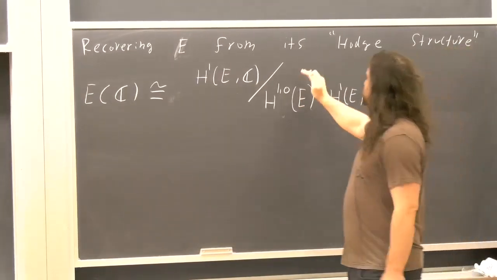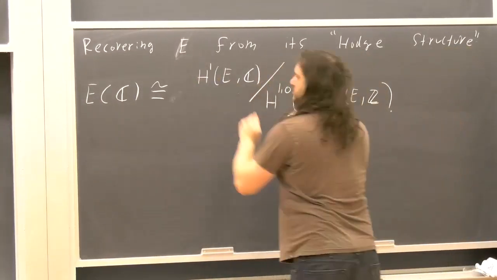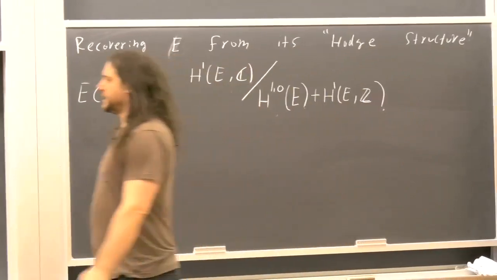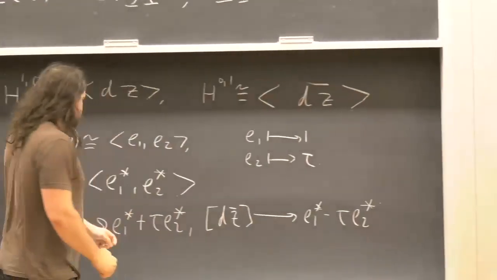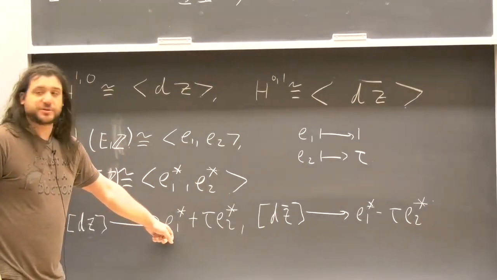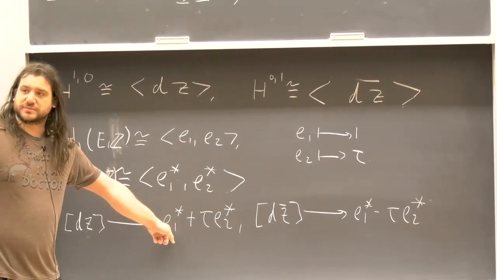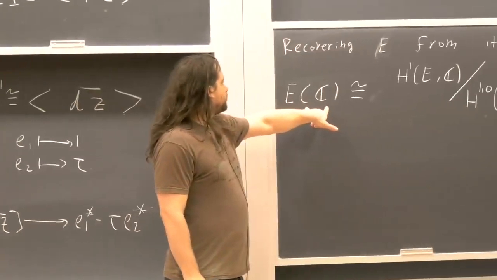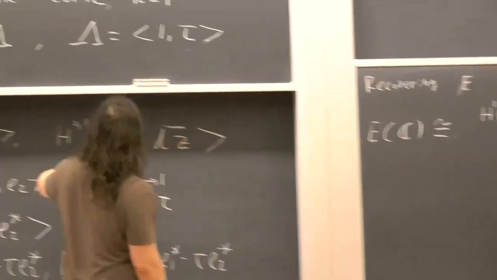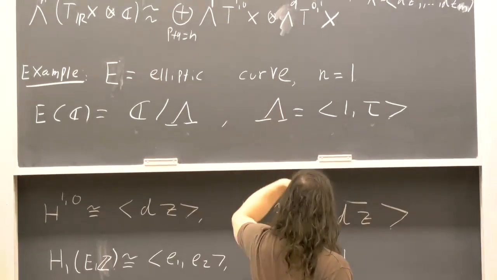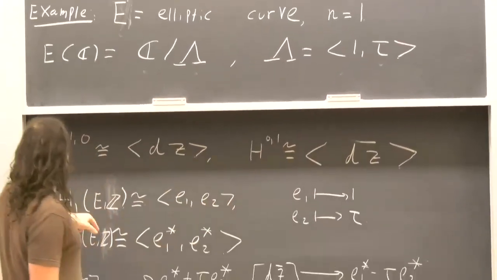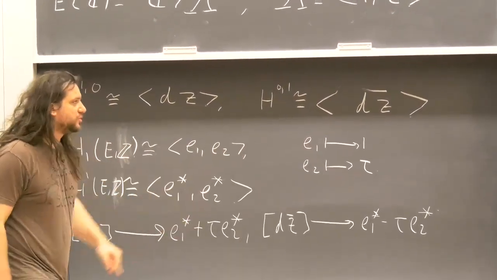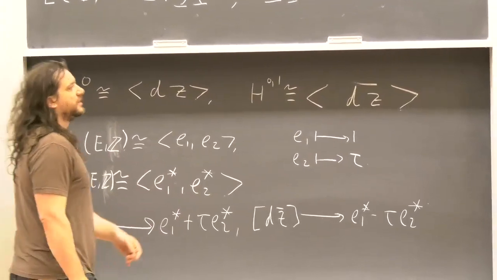Right? And so if I look at just this quotient so far without the lattice, that's spanned just by, for example, E1 dual. So H1 EC is spanned by E1 dual and E2 dual with complex coefficients.